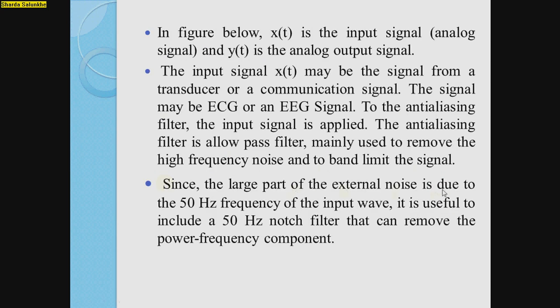Since a large part of the external noise is due to the 50 Hz frequency of the input wave, it is useful to include a 50 Hz notch filter. So if a 50 Hz frequency input wave is applied to the filter, then the notch filter should have a 50 Hz frequency that can remove the power frequency component.